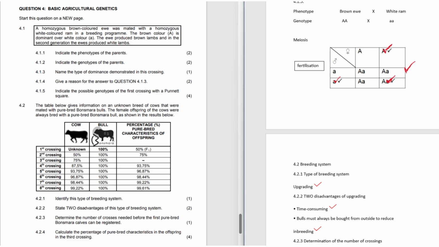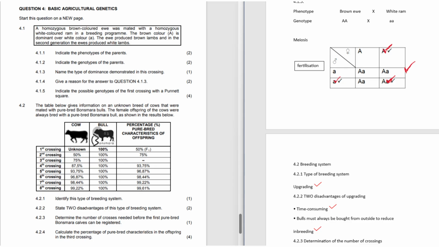When we mix these 2 alleles, they give us a heterozygous condition, which is capital letter A and a small letter a, right?